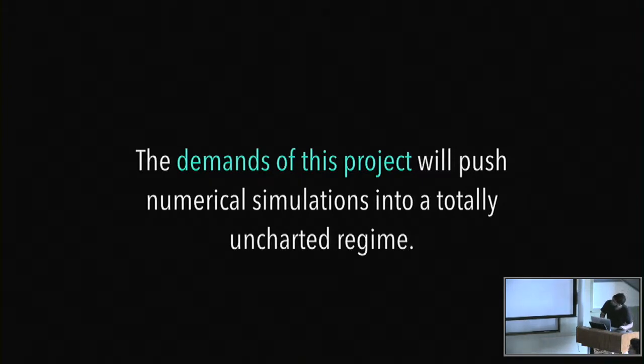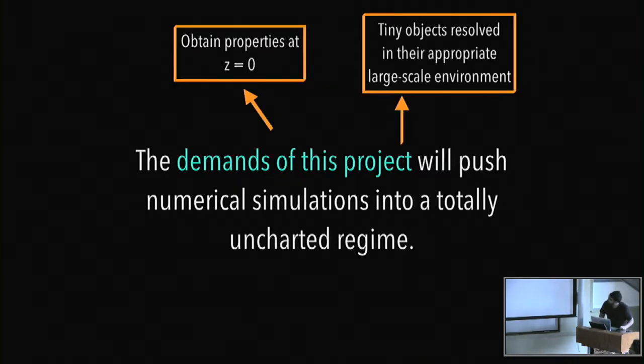So the demands of this project are really quite challenging for two reasons. A, we want to resolve these properties at redshift 0, so we can't just simulate a halo, get its predictions at a high redshift and extrapolate forward, because who knows if that's correct. But the second thing is that we want to resolve these tiny objects in their appropriate large-scale environment.